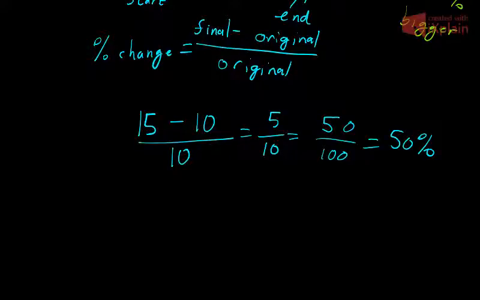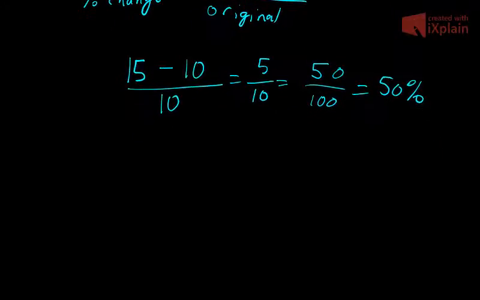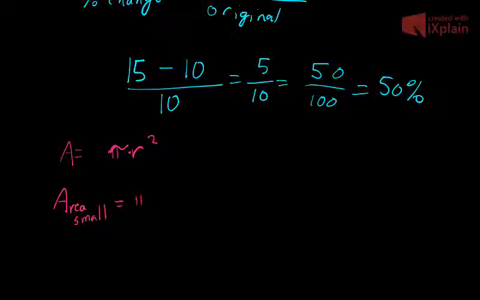And of course, to find area, the area is equal to, no, that would be the circumference formula. It's going to be pi r squared. Pi times r squared. So for my first circle, my radius is 10. So my area of the small pizza is going to be equal to pi times 10 squared.